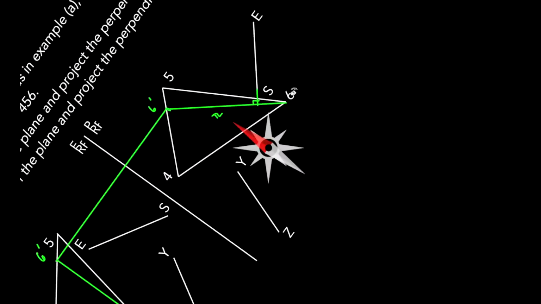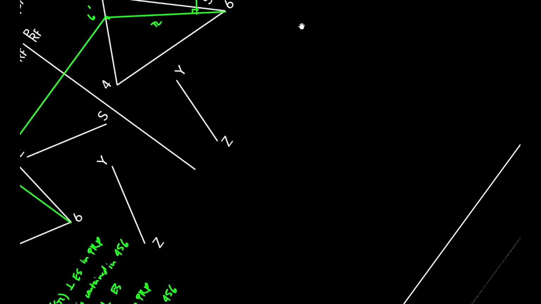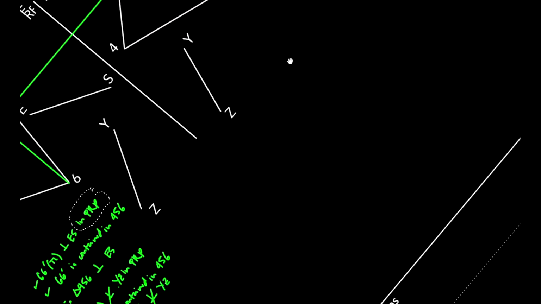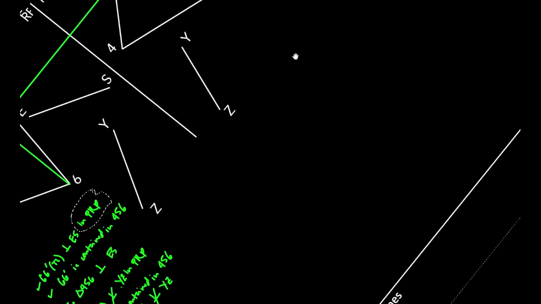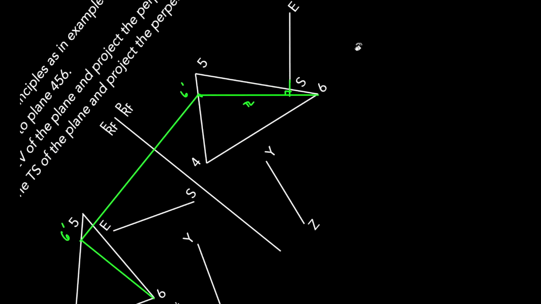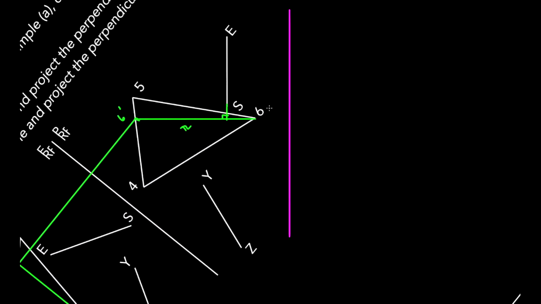Gagawa tayo ng perpendicular reference plane to make the edge view, no? So again, I'm doing a perpendicular reference plane because I already have a convenient true length dito in 6 prime. Therefore, if I were to project it sa side na to, then automatic dapat na si 456 will become edge view.